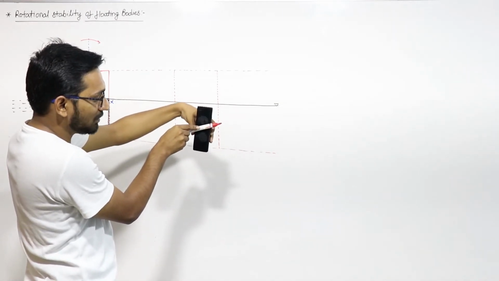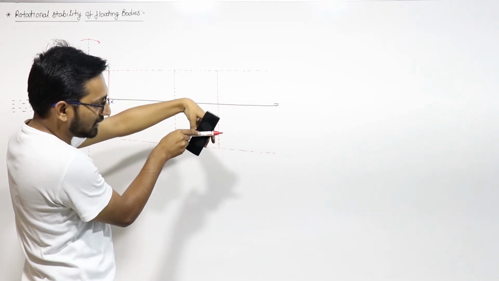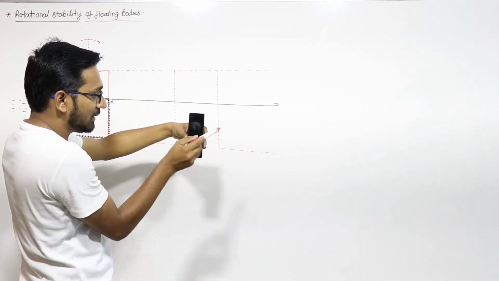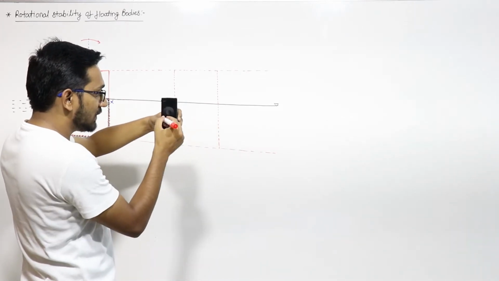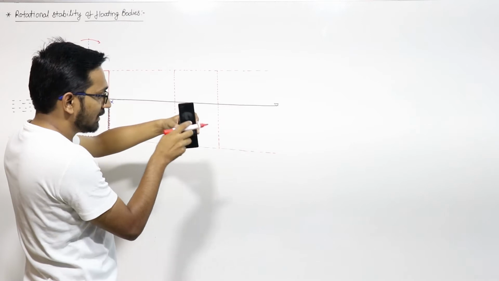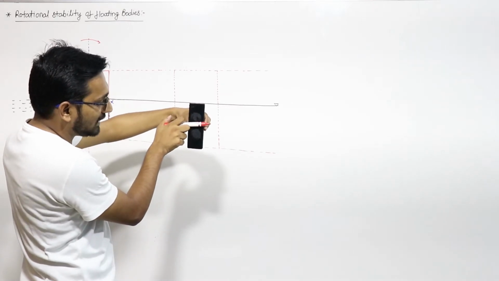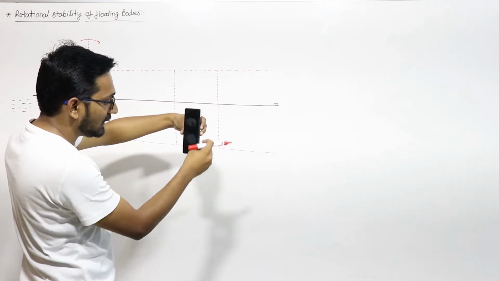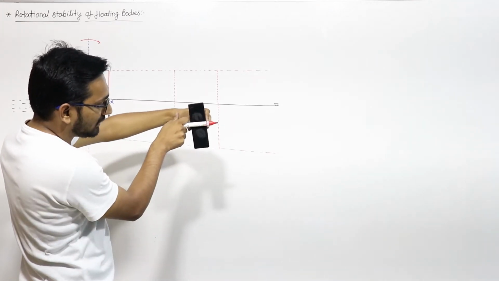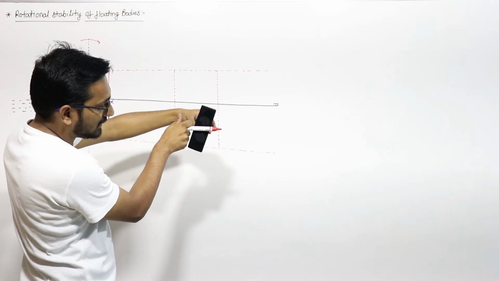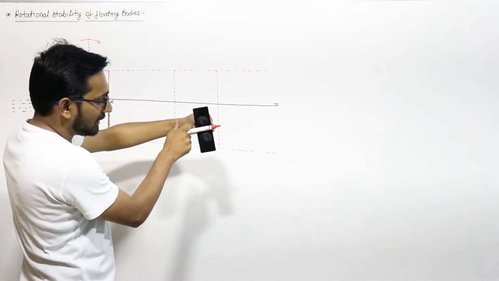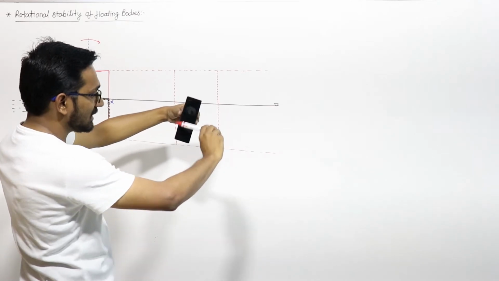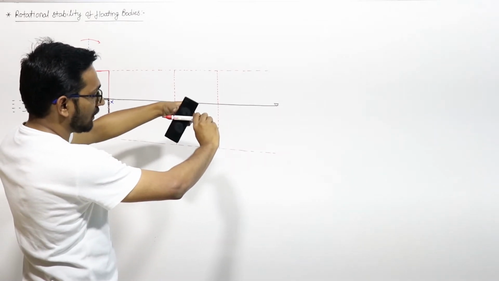If I tilt this body like this, you can see that this length is going inside the water, and from here you can see that this length is coming out of the water.